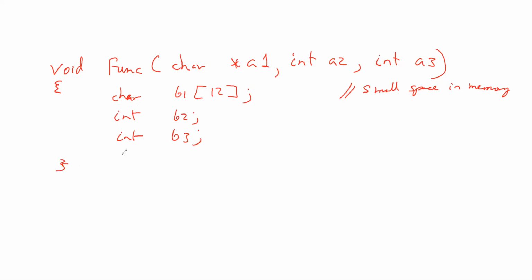And then I can have here A2 equals A3 plus B2 or something like that. Have some operation, okay? But these here are the local variables, and the arguments are in the parentheses.